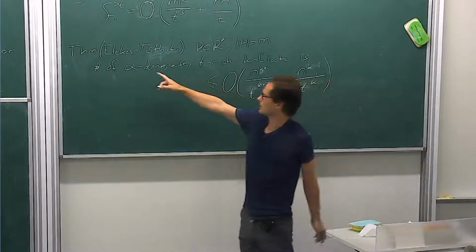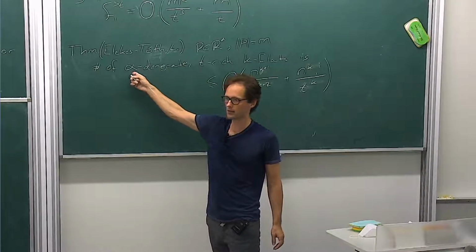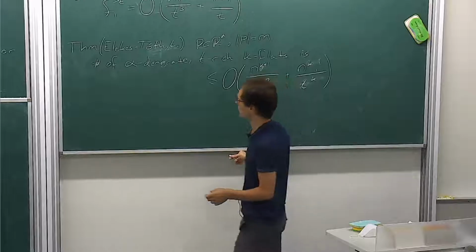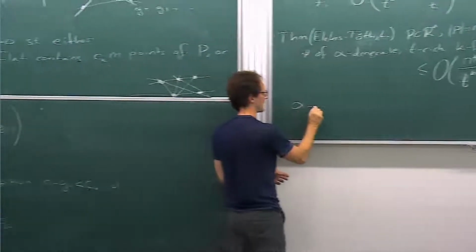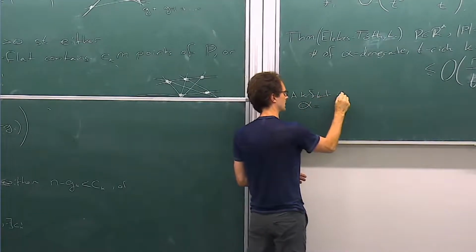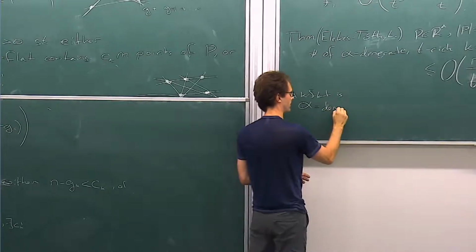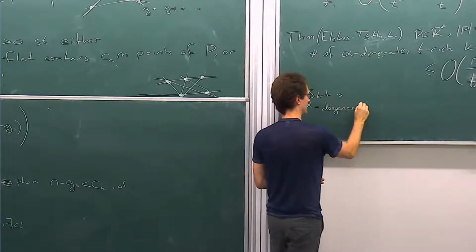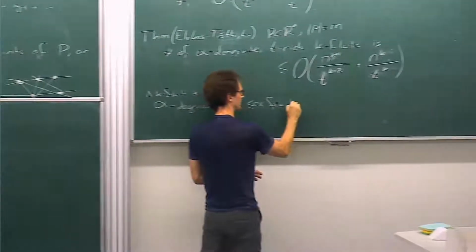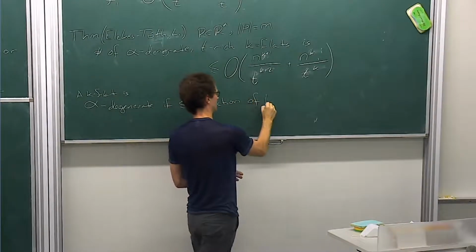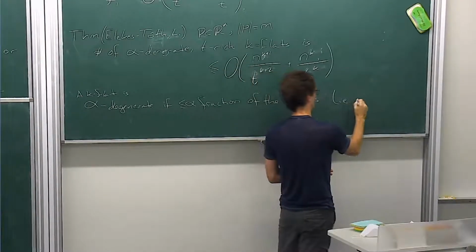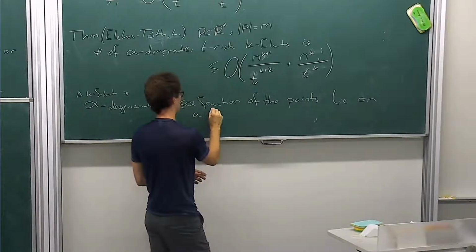Alpha is a constant between 0 and 1. And degenerate I'll define in a moment. So alpha-degenerate means a k-flat is alpha-degenerate if at most an alpha fraction of the points lie on a k minus 1 flat.